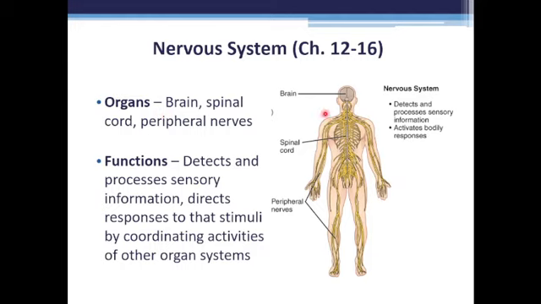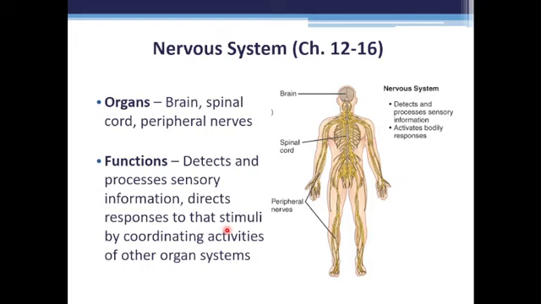The basic function of the nervous system is that it detects stimulus. Stimulus means like a jerk. It detects and processes sensory information. Our brain stores a lot of information. It responds to stimuli, like for example, someone taps you, you can feel it, right?